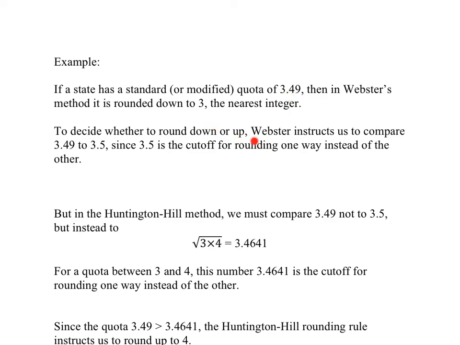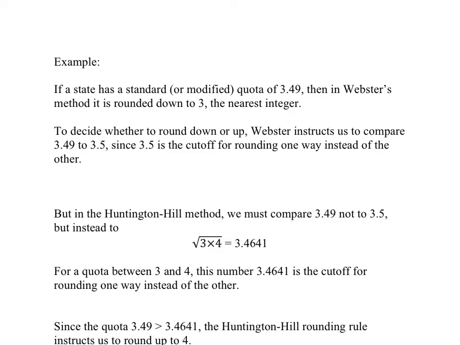That's what we really did when we decided whether to round up or down. Webster said compare 3.49 to 3.5, and because it's less than 3.5, we round down. Had it been equal to 3.5 or greater than, we would have rounded up. So the comparison is to 3.5. That's the cutoff for rounding one way versus the other.